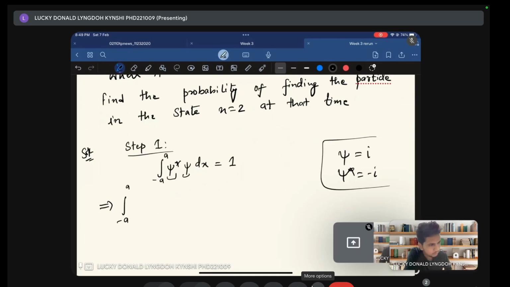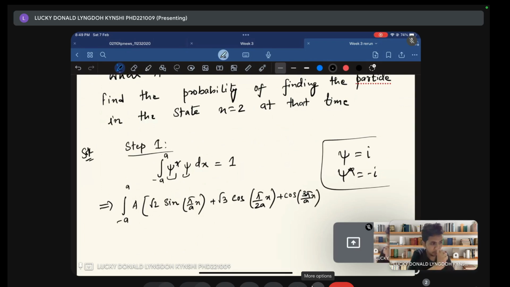So psi star will be equal to A times root 2 sine of pi by a x plus root 3 cos of pi by 2a x plus cos 3 pi by a x.